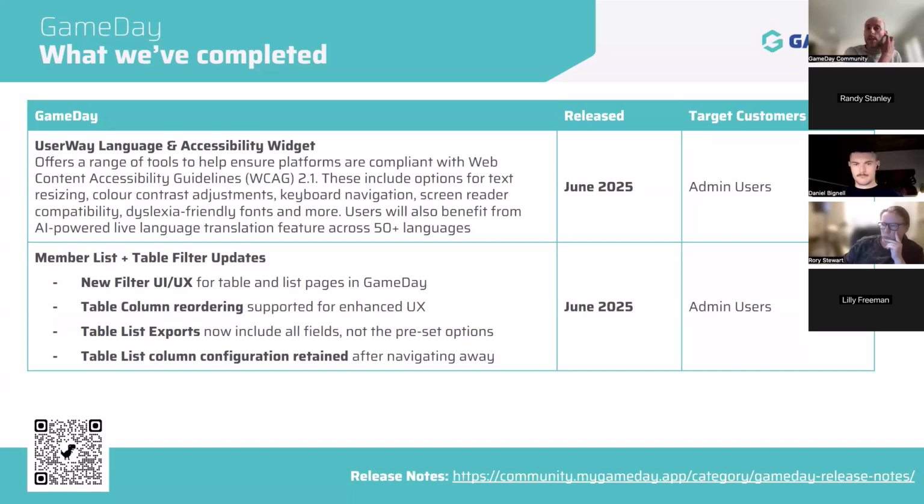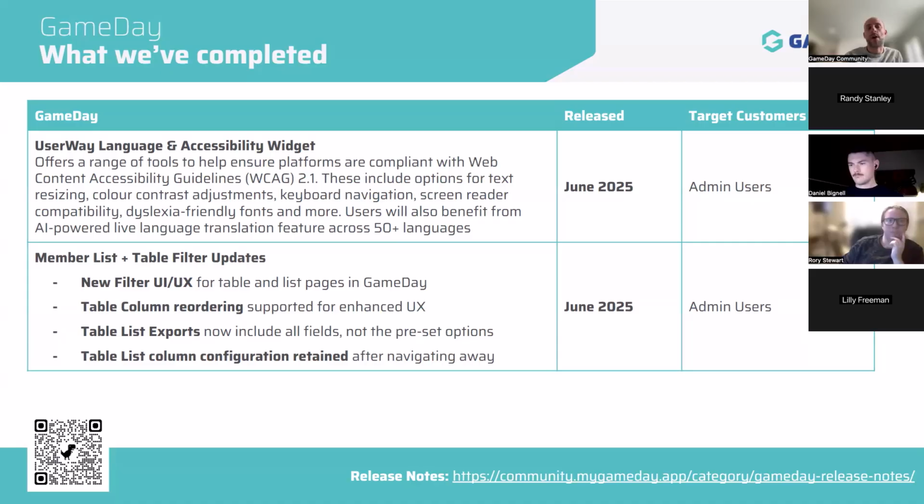shortly, but essentially the UserWay widget provides us with the ability to support our web accessibility guidelines. So supporting people with various abilities utilizing online systems, and also the language support.